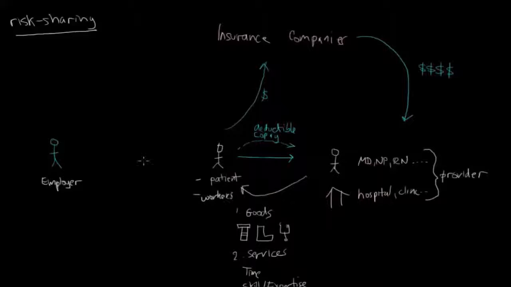And workers will offer goods and services to their employer. So suppose the employer owns a car dealership, so you're a mechanic there, you're going to be fixing cars for that employer, or if they own a restaurant, you might be waiting tables, and in return for those goods and services that you provide, the employer is going to be paying wage and salary back to the patient.